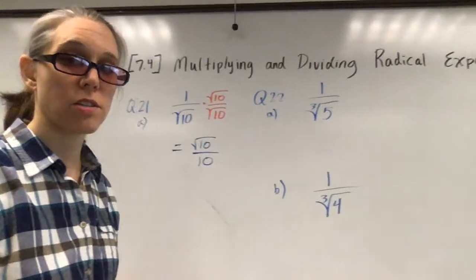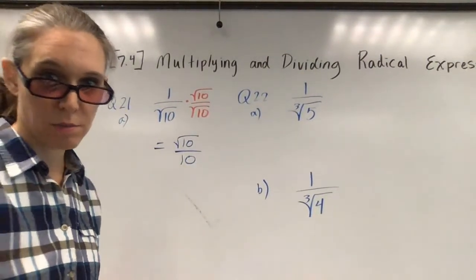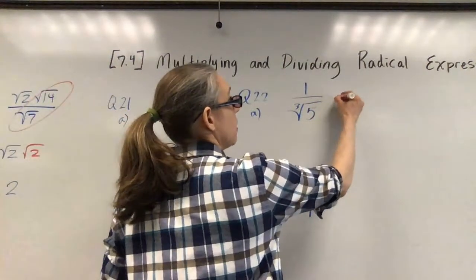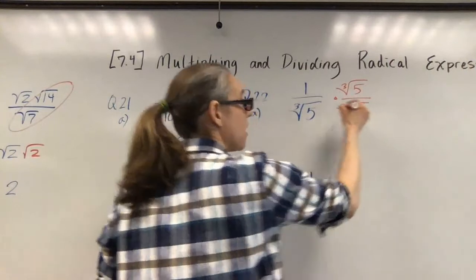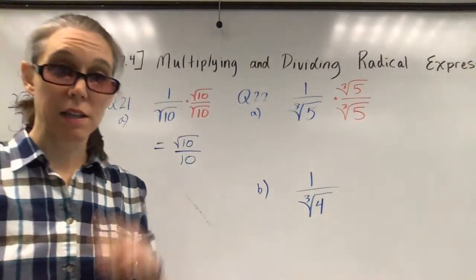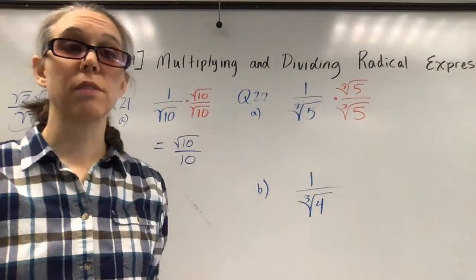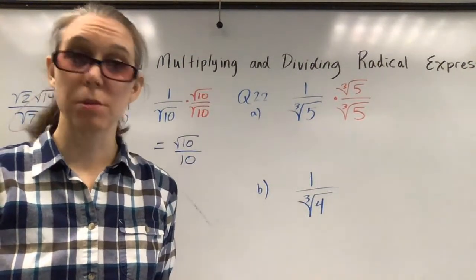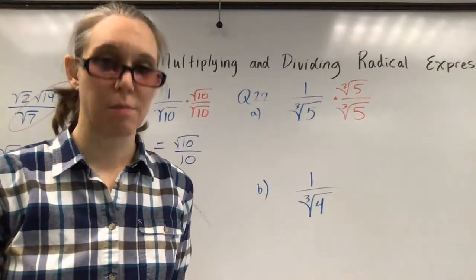Okay, now for question number 22, it's not going to be sufficient to simply multiply by cube root of 5 over cube root of 5. Because cube root of 5 times the cube root of 5 is the cube root of 25. And the cube root of 25 will not simplify to a rational number.